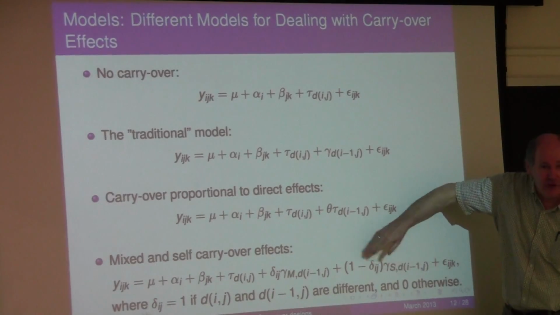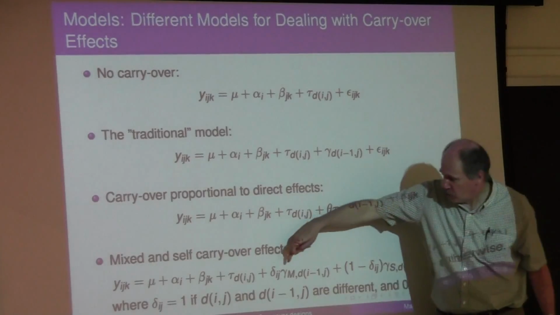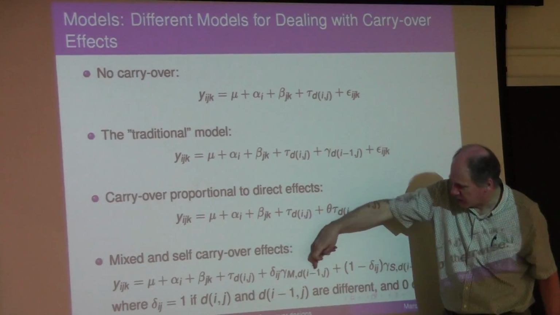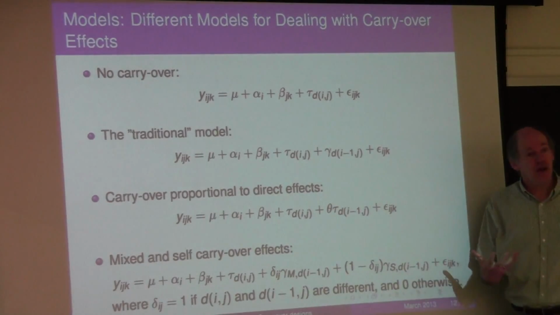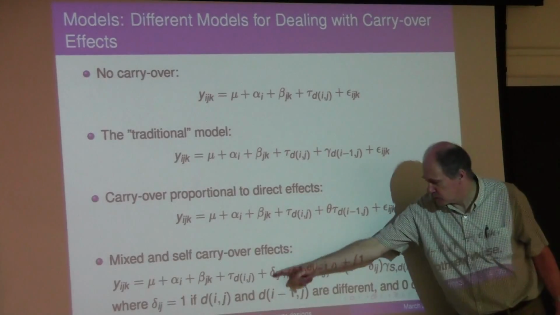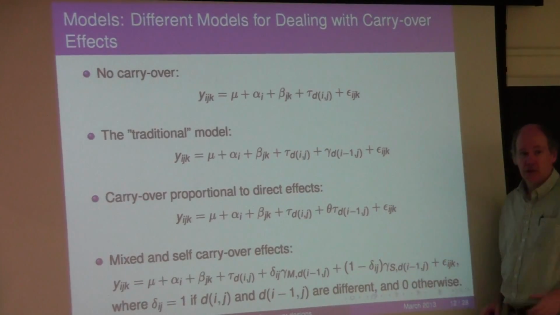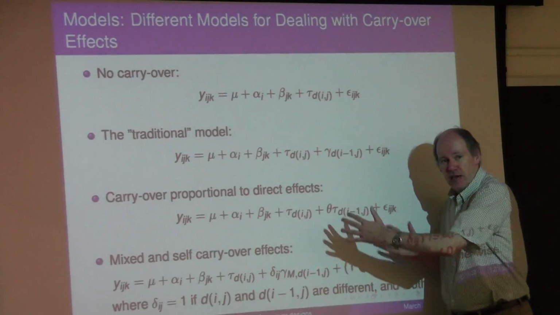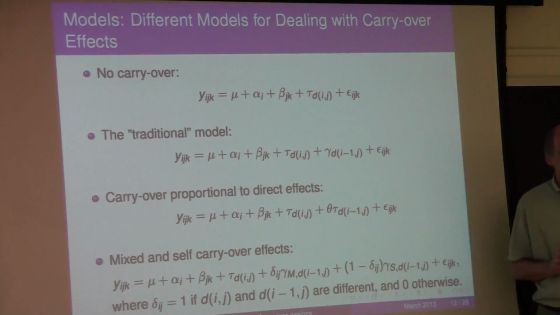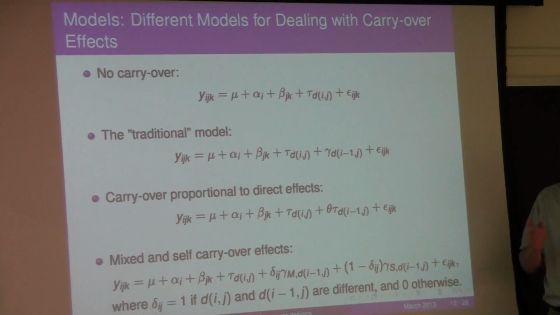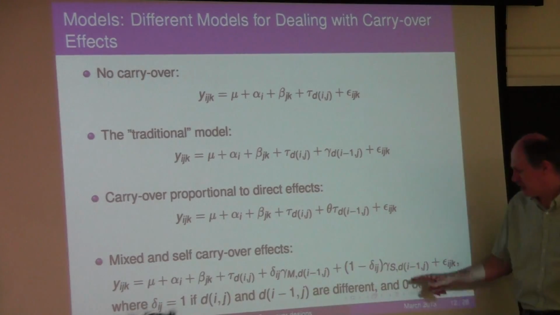It's not there. And so you only get this term, this guy. If delta ij is equal to 0, then this term disappears, and this becomes 1, so you get only this guy. So the model still has only a single gamma each time for each observation, except it may be different gamma. Sometimes this is gamma M thing, and sometimes this is gamma S thing.